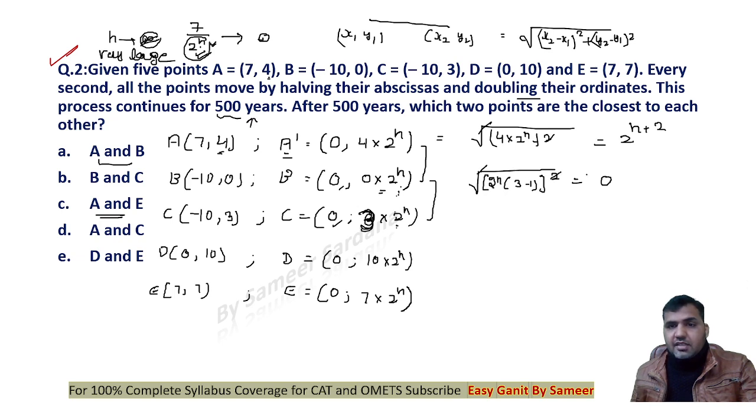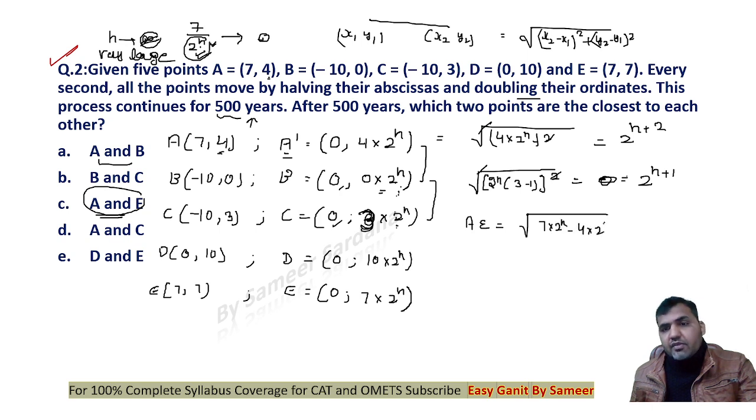Right, this gets cancelled. So the distance you can see here will be 2 raised to power n plus 1. If I want to find out the distance between A and E here, the distance between A and E will be again the square root of x2 minus x1 square plus y2 minus y1 whole square, right?